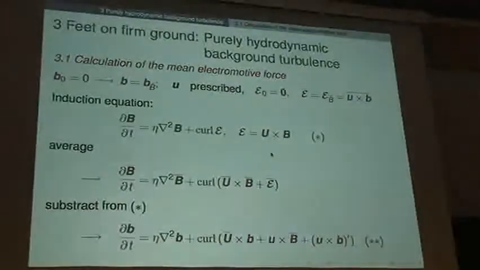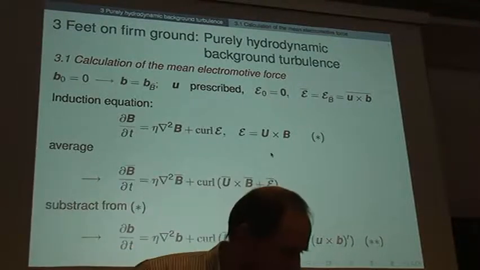So now we have the well-known equations. The full induction equation, where I use this abbreviation, simply script E for U cross B. Then the average of it, which contains the average of this quantity, the mean electromotive force. And by subtraction of these two equations, we get the equation for the fluctuations. Nothing new for you, this is quite easy to get.